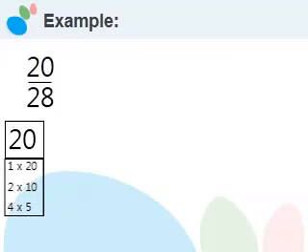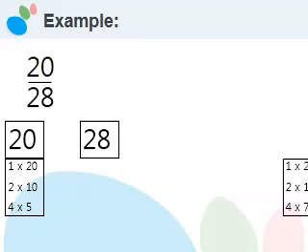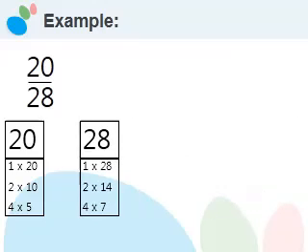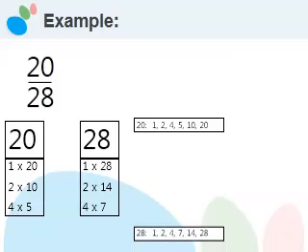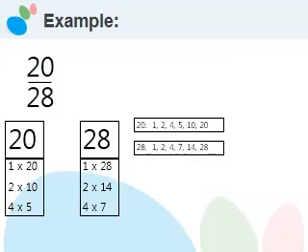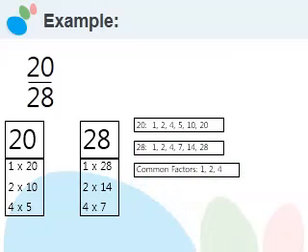How? By listing the divisors of 20. Do you still remember our first lesson when we learned how to find the divisors of a certain number? So the divisors of 20 are 1 and 20, 2 and 10, 4 and 5. Also 28, it's 1 times 28, 2 times 14, and 4 times 7. I'm going to arrange them as we used to do in the first lesson. So we list the divisors of 20 and the divisors of 28, and the greatest common factor is 4.